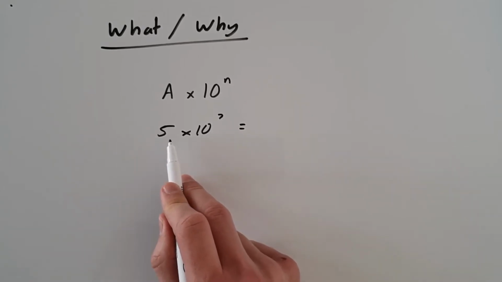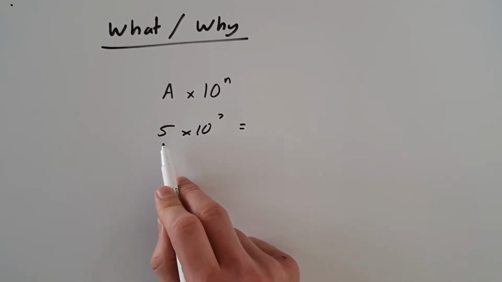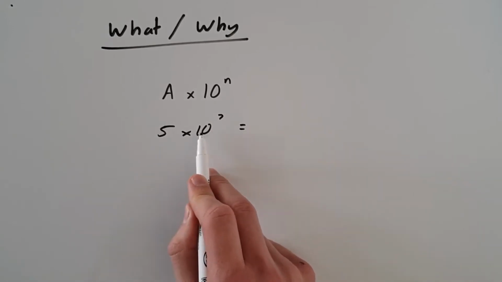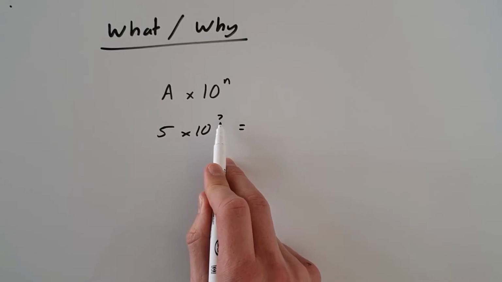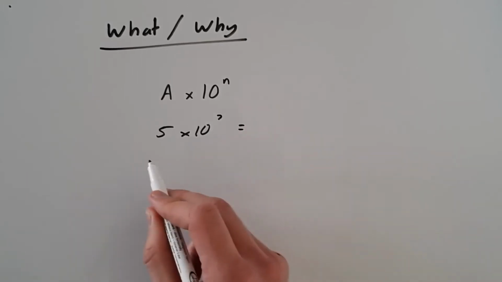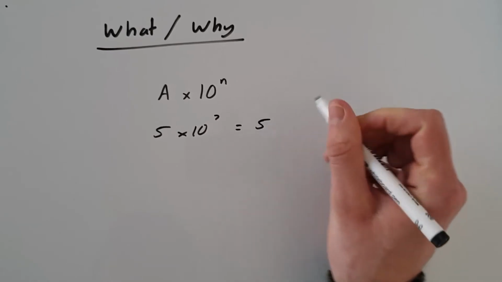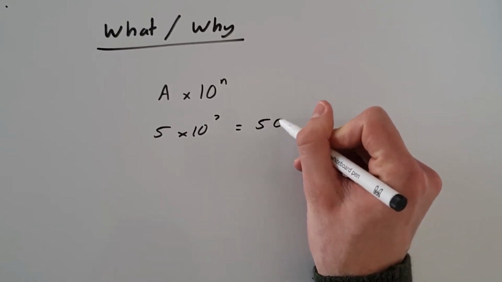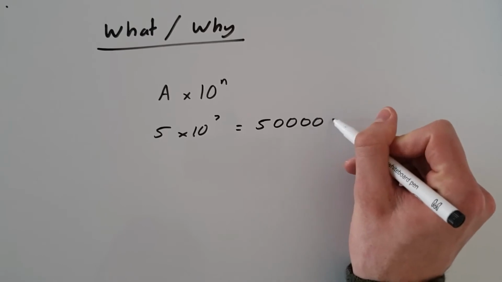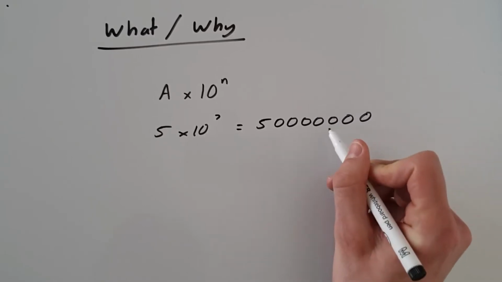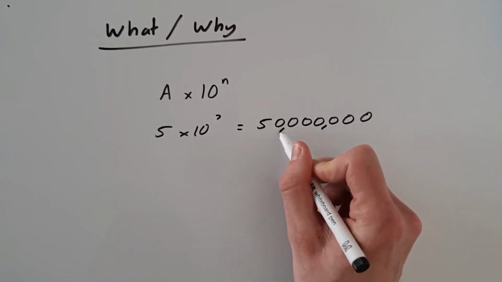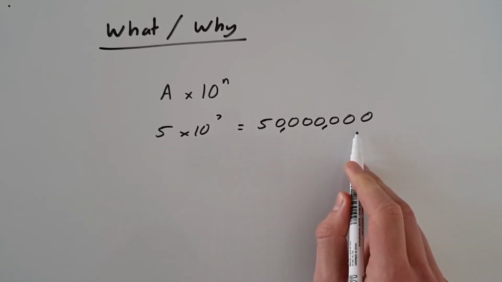Okay, so we've got lots of zeros after the 5. In this case, it's 10 to the power of 7, so we know there'll be 7 zeros. So this number, written in the proper way, would be 5 and then 7 zeros afterwards. So 1, 2, 3, 4, 5, 6, 7. Okay? In other words, 50 million.